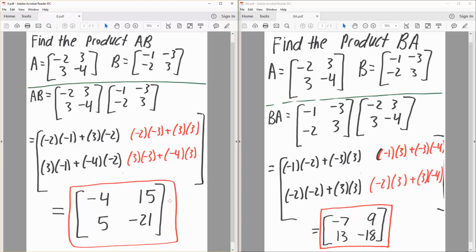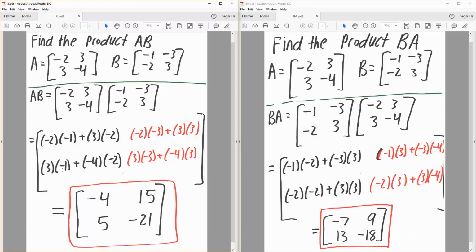Now we simply need to add everything up, the easy part. -2 times -1 is 2. 2 plus 3 times -2, which is -6, gives -4. Next is -2 times -3 is 6. 6 plus 3 times 3 is 9, so 6 plus 9 is 15.